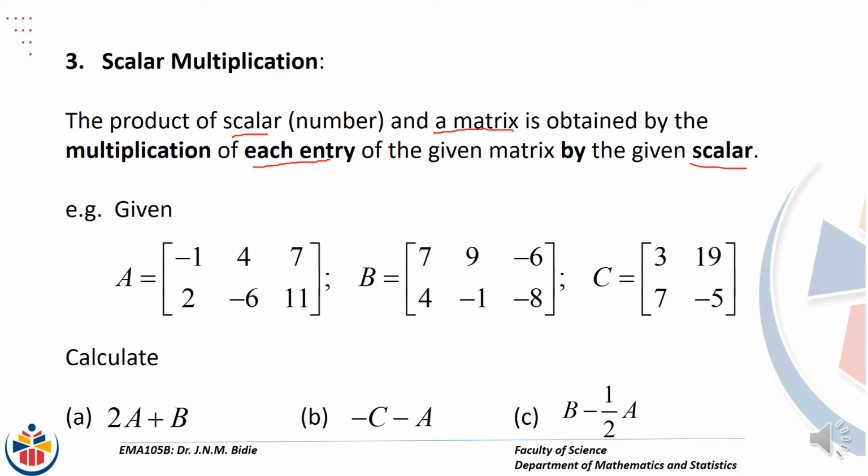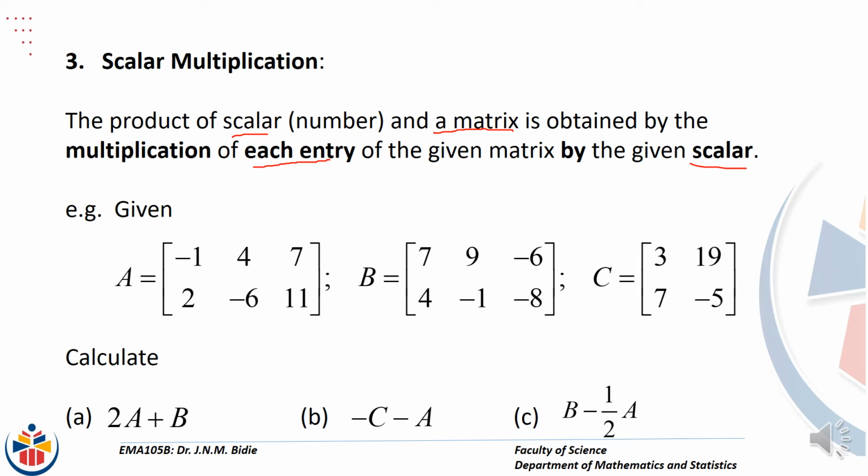So it means that the size of the matrix does not change. All you do is to multiply each entry in that matrix by that particular scalar, and then you get your answer. Now, I would like us to consider doing these examples.